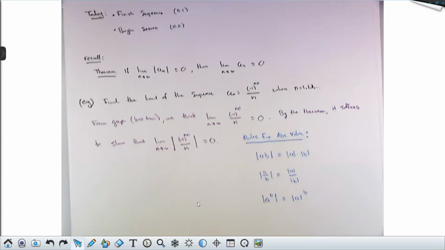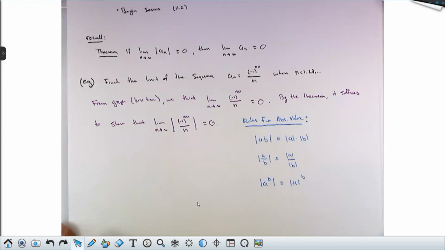Those are three very important algebra rules for the absolute value function. It is a fully multiplicative function. So what I'm going to do now is use these rules for absolute value to clean up this expression until I know how to take the limit.